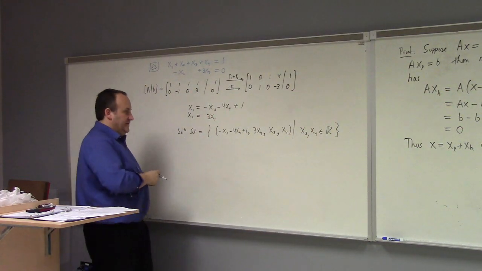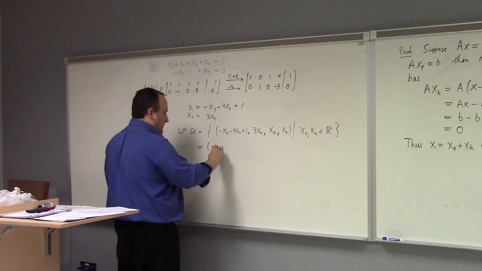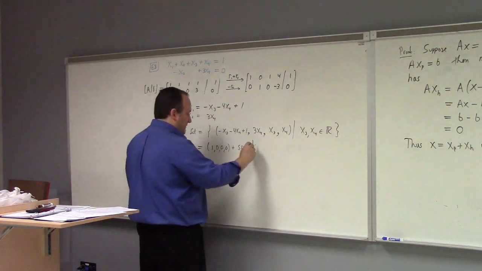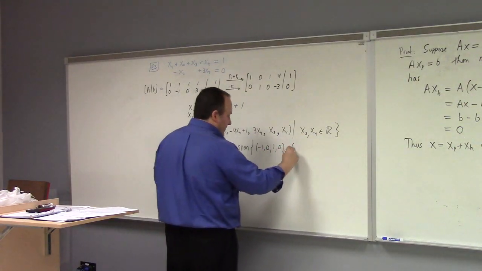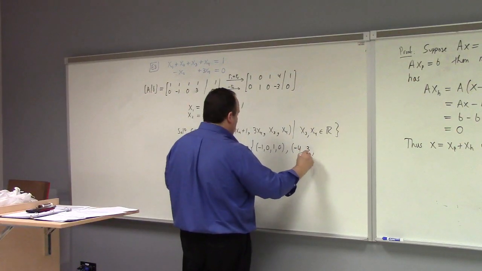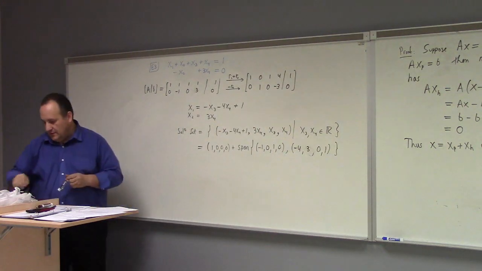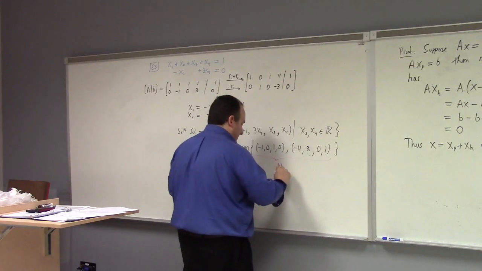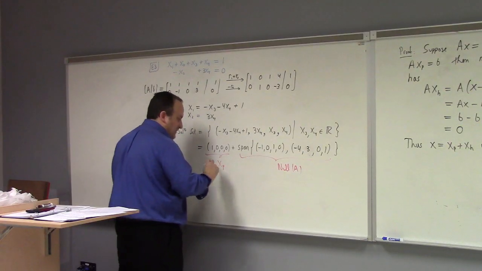And after a moment's introspection, you see that we can rewrite that as (1, 0, 0, 0) plus the span of, in fact, (minus 1, 0, 1, 0) and (minus 4, 3, 0, 1). Identify then that this is nothing more than the null space of A, and this right here is a particular solution to the system.